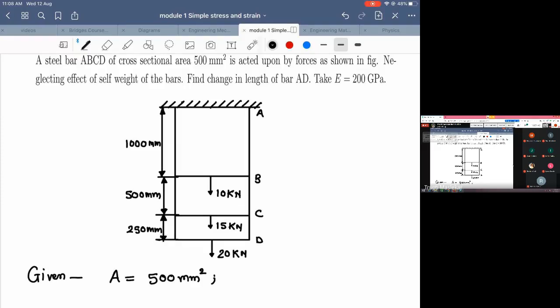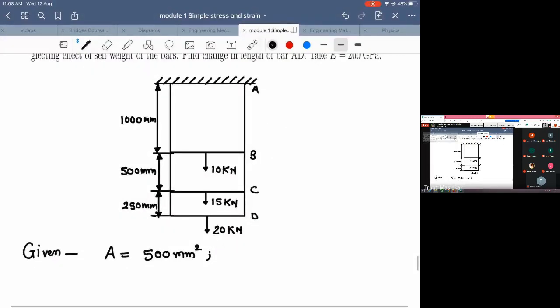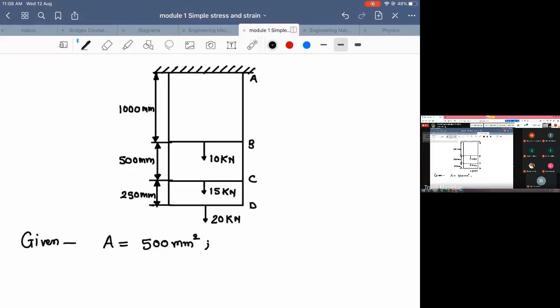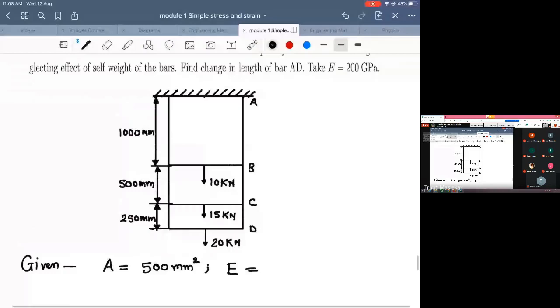And then the value of E is given. Young's modulus E is given as 200 gigapascal.